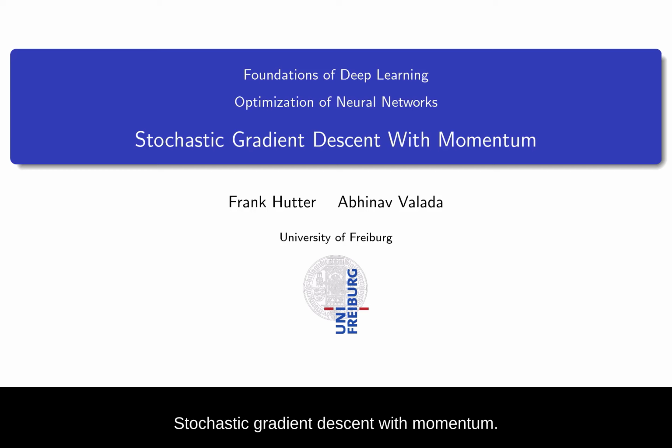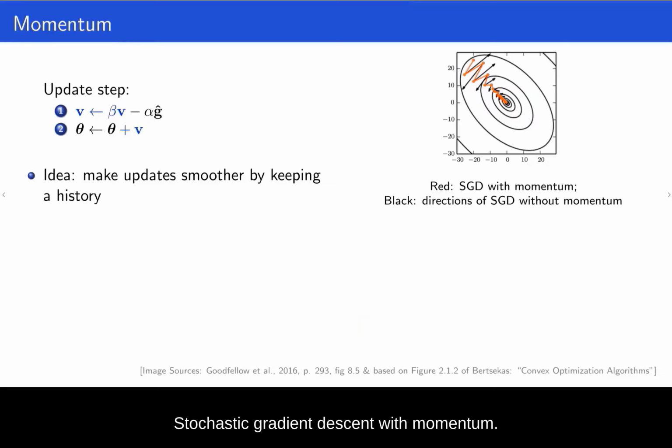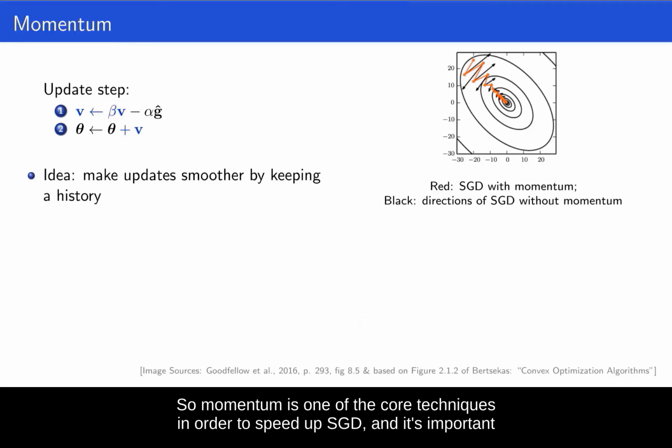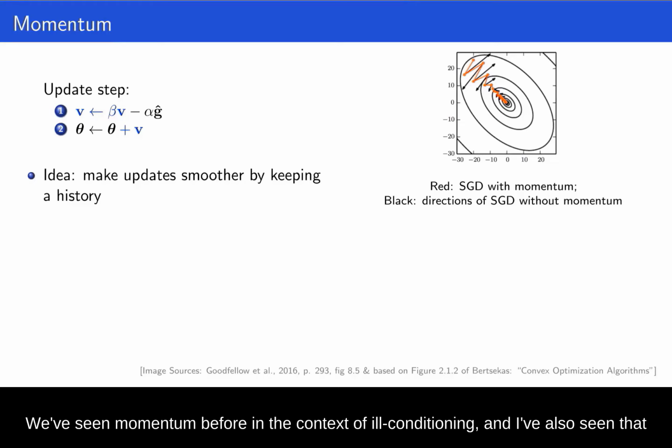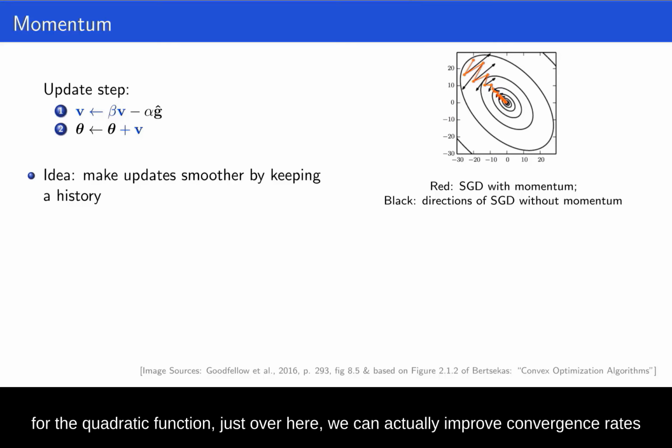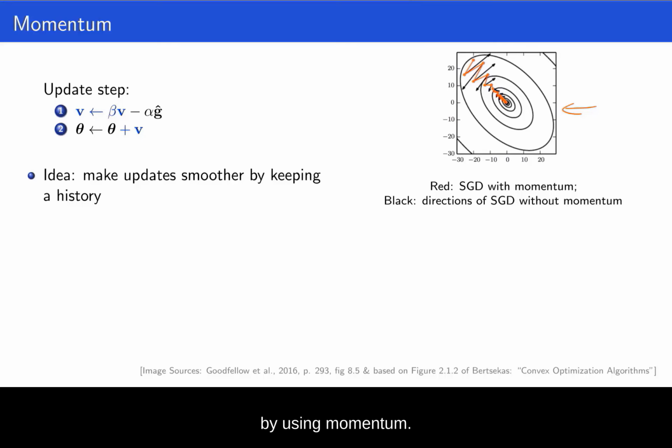Stochastic gradient descent with momentum. Momentum is one of the core techniques to speed up SGD, and it's important to understand how it works. We've seen momentum before in the context of ill conditioning, and we've also seen that for the quadratic function, we can improve convergence rates by using momentum.